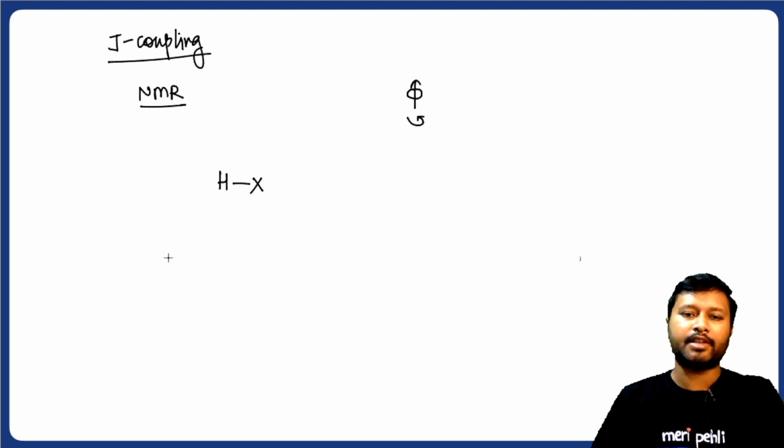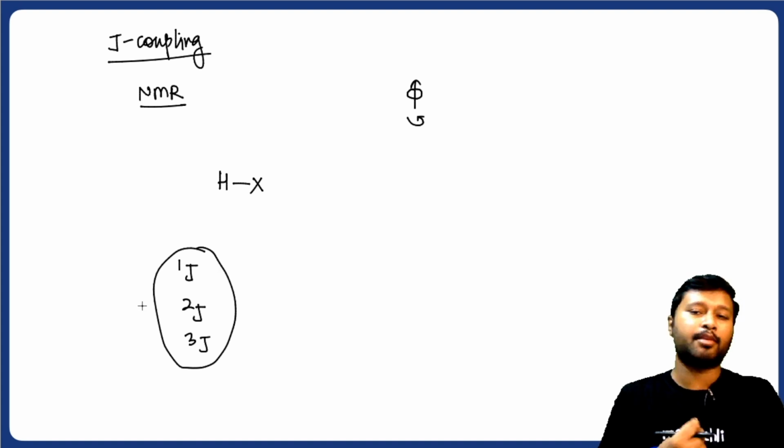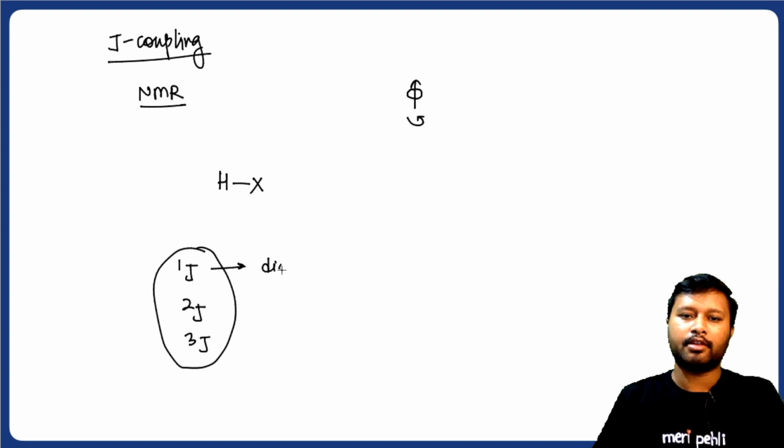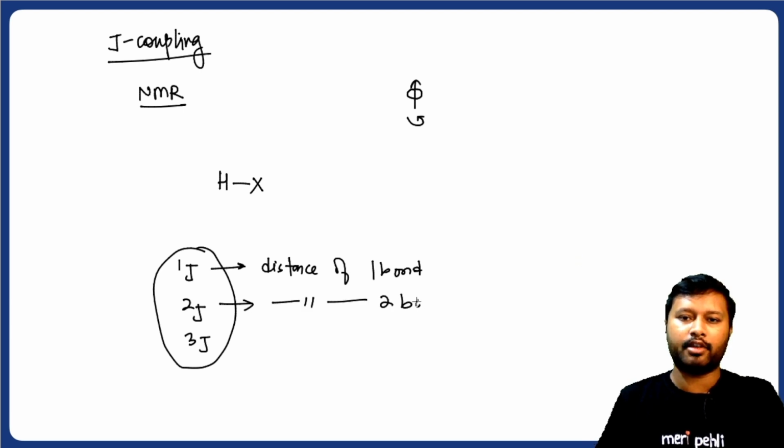J coupling takes place by bond distance. There are generally 1J coupling, 2J coupling, and 3J coupling. In general, these three are what you are going to see. There are some exceptional cases also, but here you just have to look at these three J couplings in major. 1J coupling means coupling happening at a distance of one bond away from the species. 2J coupling means a distance of two bonds away from the species.